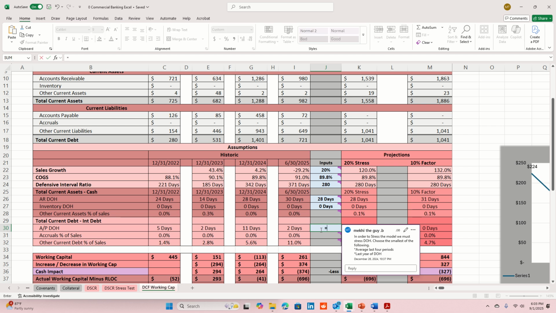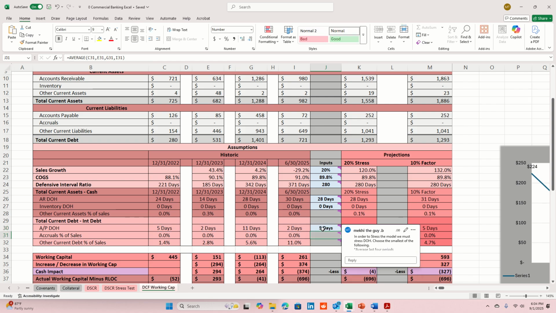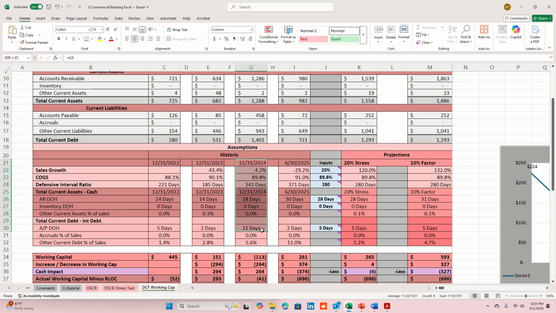So in this situation, we're going to take the lesser, the smallest of the average of 4 periods or the most recent fiscal year end. Here, again, we're taking the smaller of the two values. So right here we have 5 days, and then our most recent fiscal year end of 2024, we have 11 days.